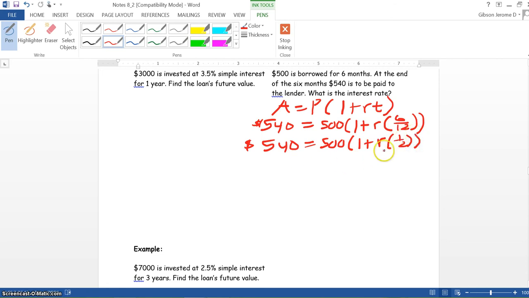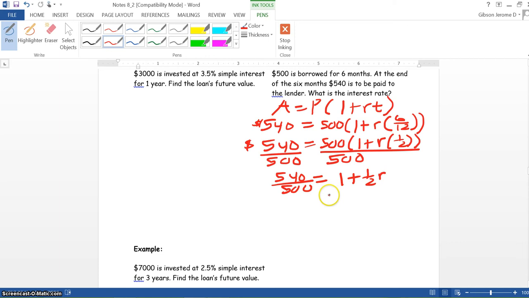Okay, now, again, our objective is to get the rate, or R, by itself. So our next step, we would divide each side by 500. And this will give us, on the right-hand side, 1 plus 1/2 times R, and on the left-hand side, 540 divided by 500. Now, our next step, remember we're trying to get R by itself, so we will subtract 1 on both sides.